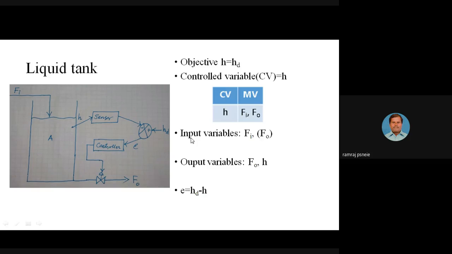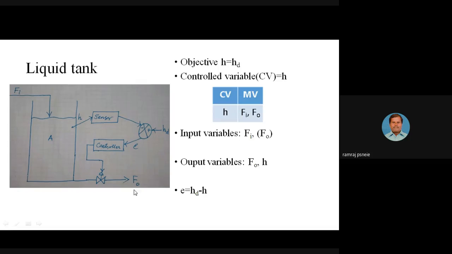According to that, manipulated variables fall in the category of input variables only. Here, by adjusting F naught, we can maintain the liquid level in the tank. So we can say this one is a manipulative variable.